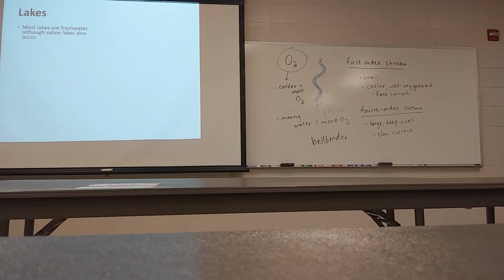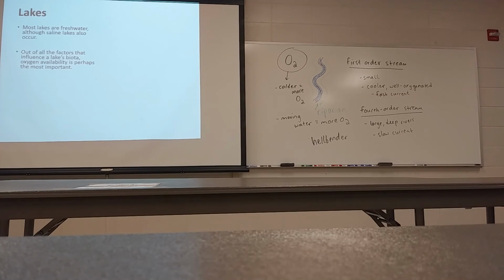Most lakes are freshwater. Like I said, the Great Salt Lake is one example of an inland lake that is not freshwater. Saline means that it has a noticeable amount of salt, so greater than 0.5 parts per thousand.